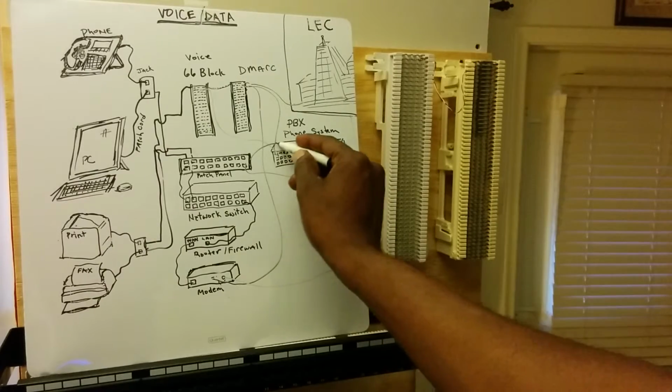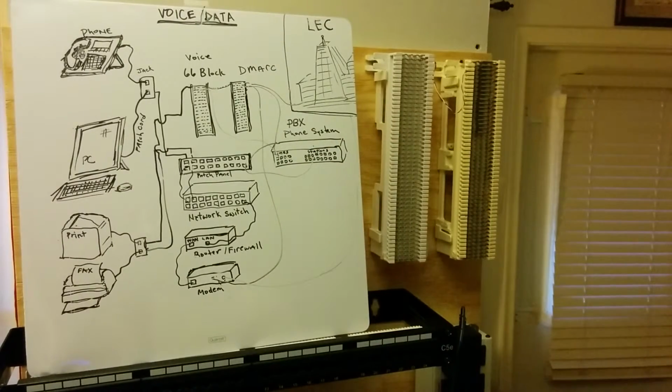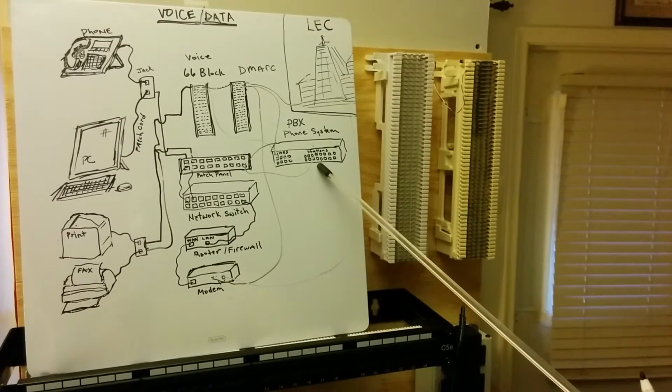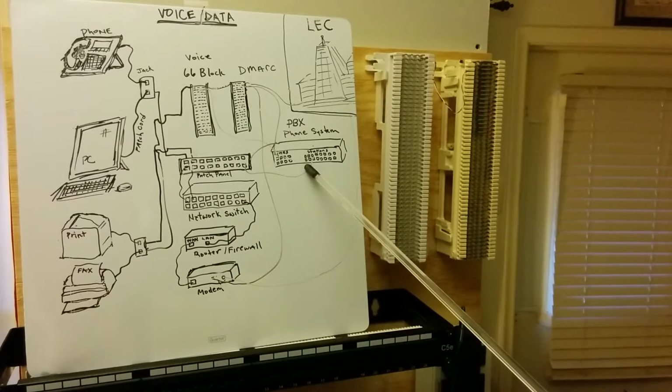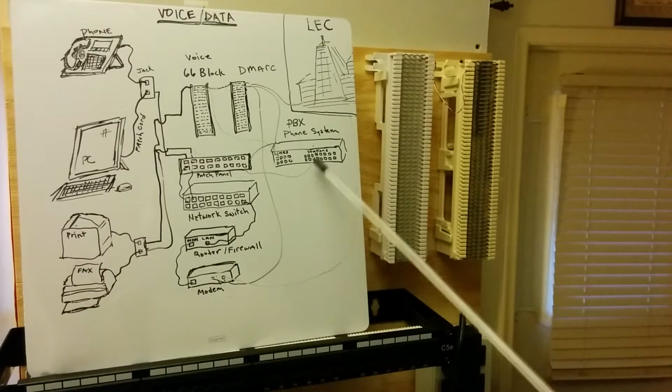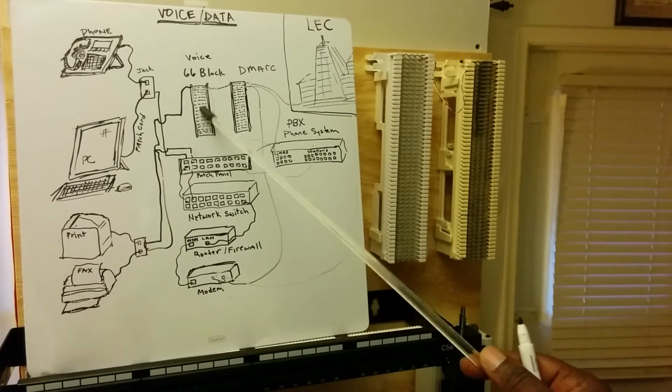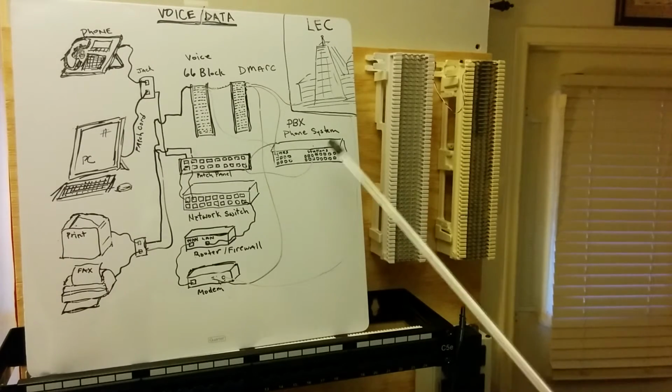It might not have analog lines, but it might have SIP trunks and other modern technology using voice over IP. The station side might be IP, where they would connect here, or the station side might be digital, where it might be connected on a 6 block, or the same thing on a patch panel.